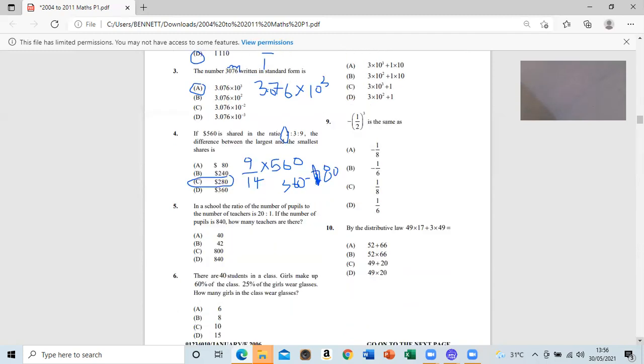All right. In a school, the ratio of the number of pupils to the number of teachers is 20 to 1. If the number of pupils is 840, how many teachers are there? How many teachers there, guys? Deandra, how many students will be there? 20 to 1.